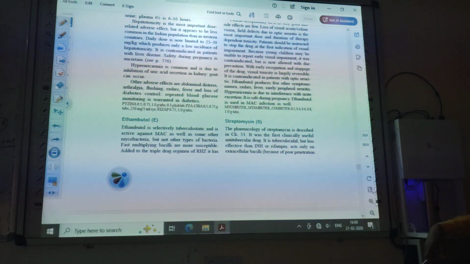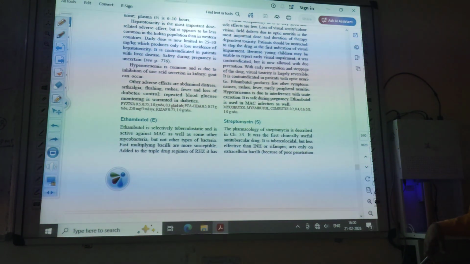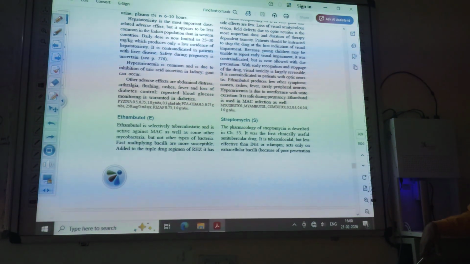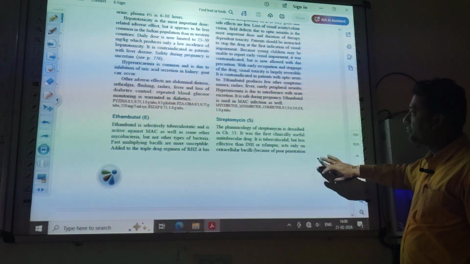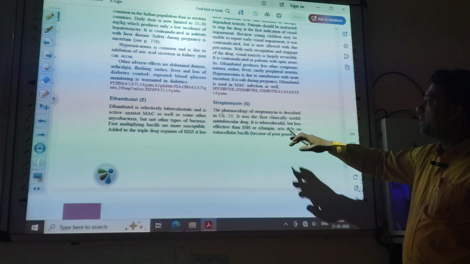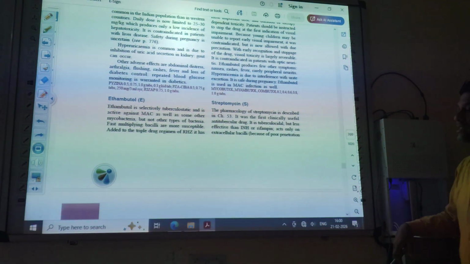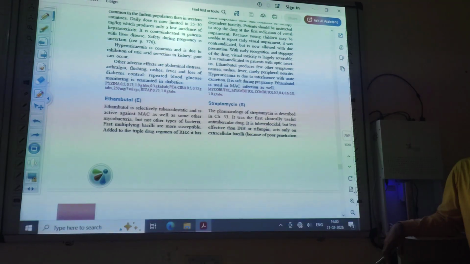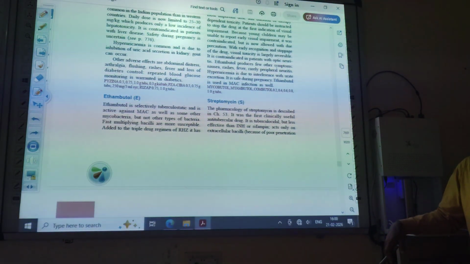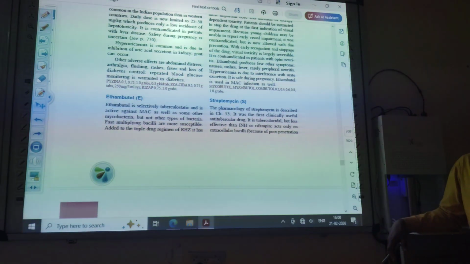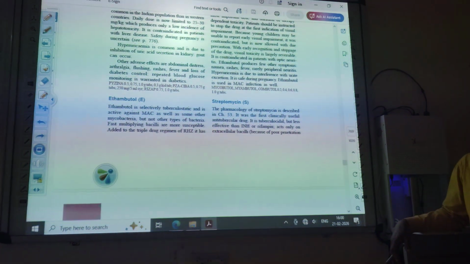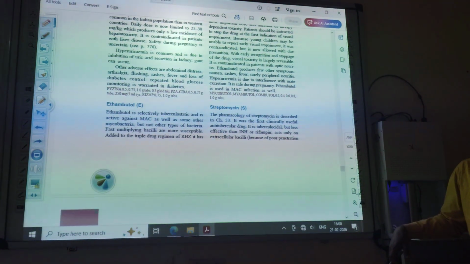Then streptomycin, the number 5 drug. It is a useful antitubercular drug and is tuberculocidal. Among the 5 drugs, all are bactericidal except ethambutol, number 4, which is bacteriostatic.